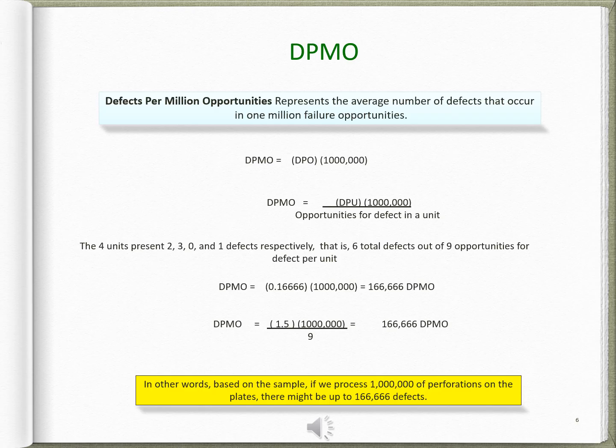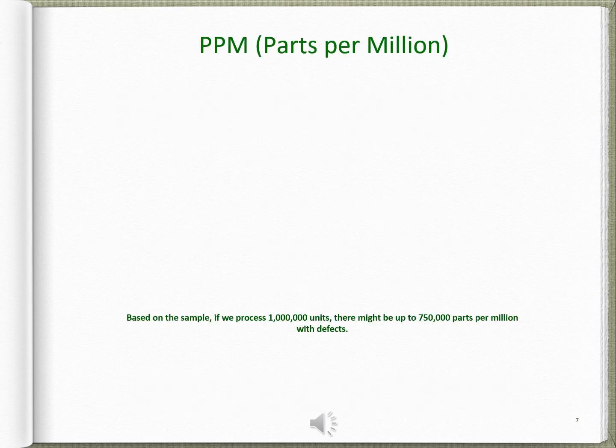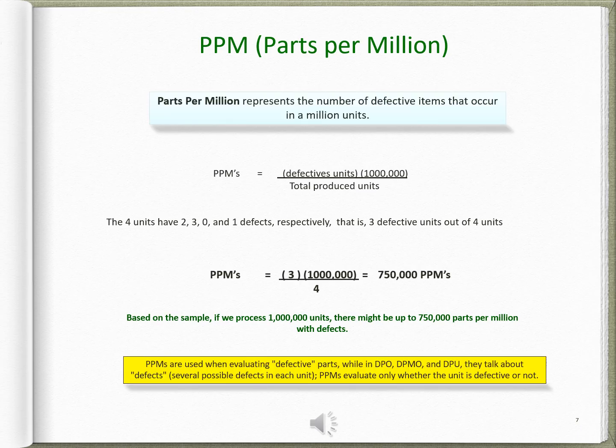That is 6 total defects out of 9 opportunities for defect per unit, which gives us 166,666 DPMO, or 166,666 defects per million opportunities. In other words, based on the sample, if we process 1 million perforations on the plates, there might be up to 166,666 defects.